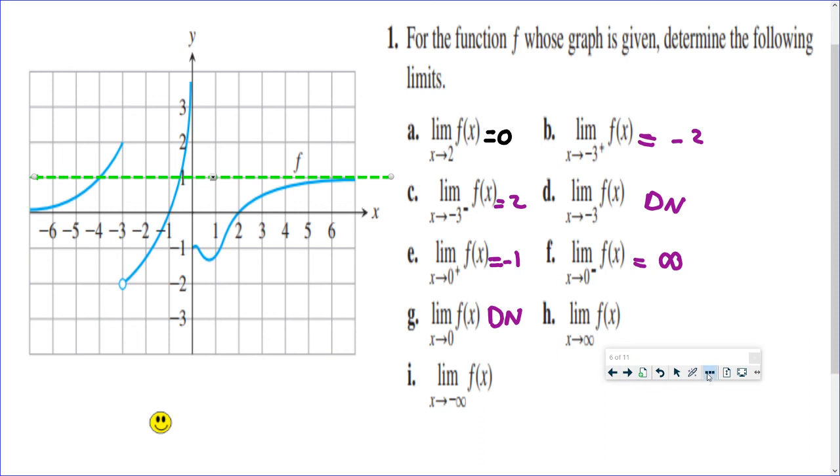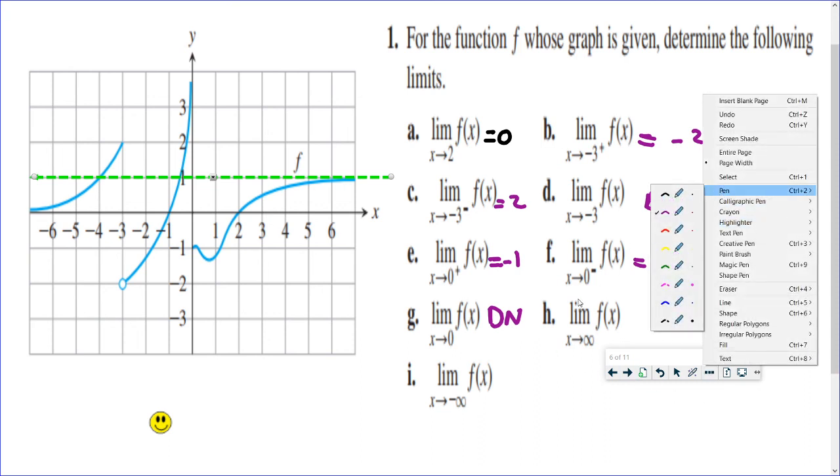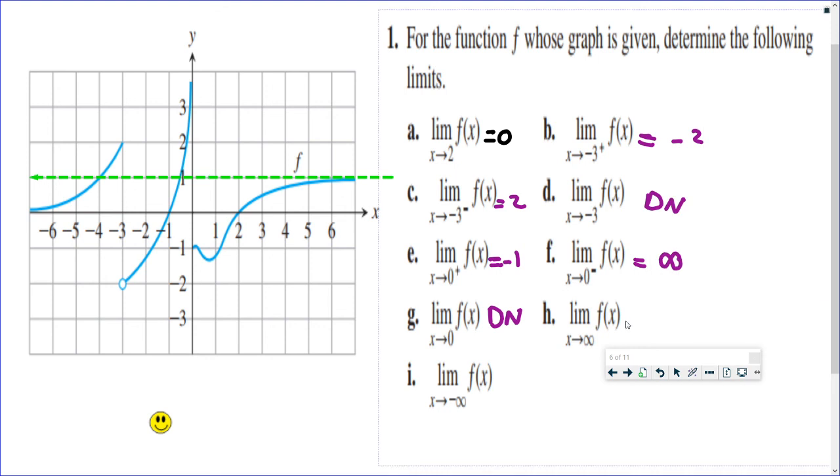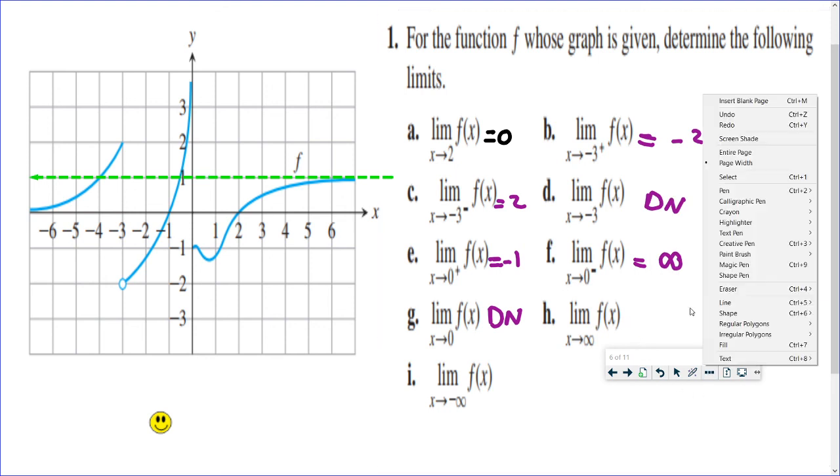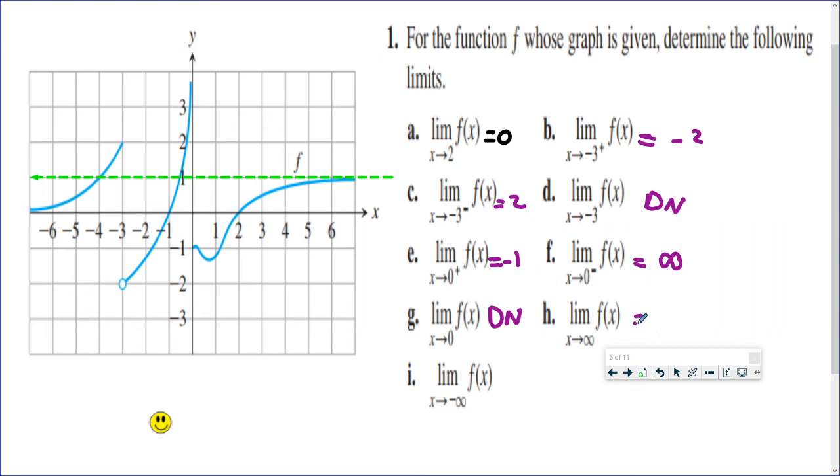So it will be equal to 1. Now we have negative infinity.